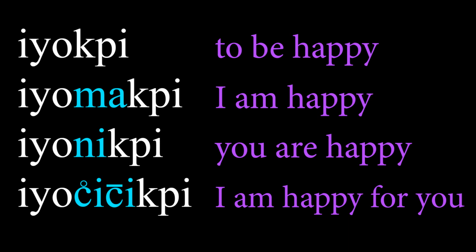Now, there's more to this ma conjugation process. There are still other conjugations, like for he is happy, she is happy, they are happy, we are happy. You see what I mean? There's more to it. I just want to give you an introduction to how it works. That's why I've just put a little bit up on the screen.